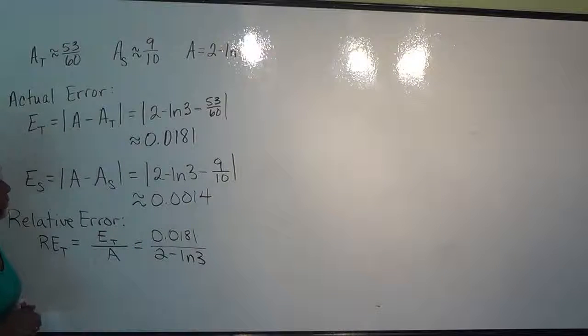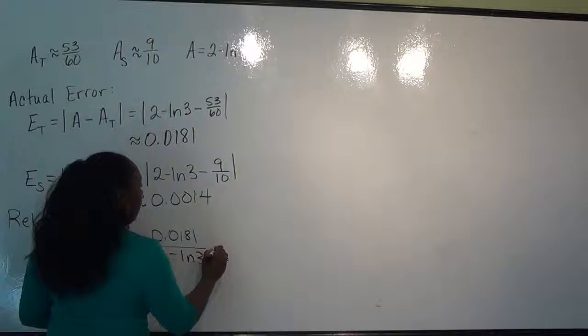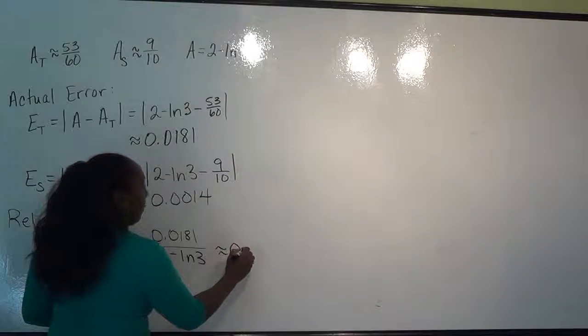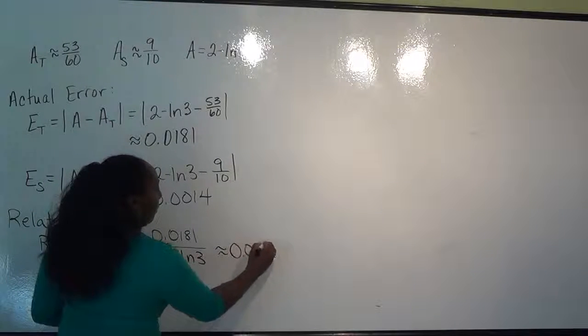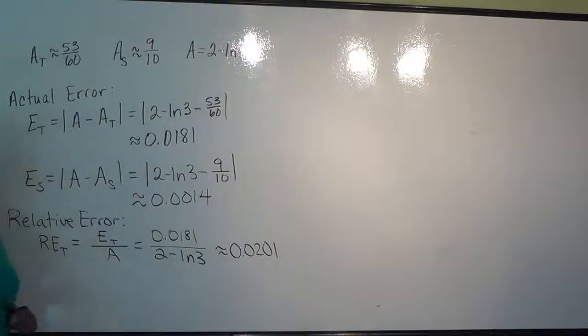Okay, and then we'll divide out by the 2 minus the natural log of 3. So plugging this in, we see this gives us about 0.0201. So that's about 2% error. Okay. So our relative error in the Simpson's rule, same thing.